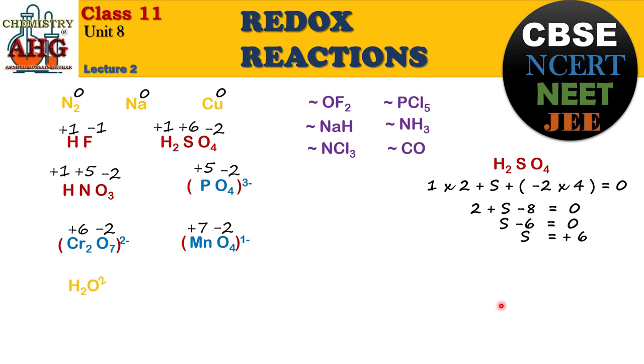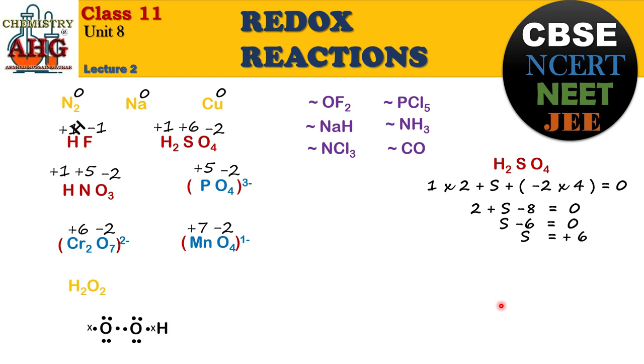The example we have is H2O2, hydrogen peroxide. For this type of compound, what is important? You must know the Dalton-Cross formula or Dalton-Cross diagram. This is the formula that I am showing in front of you.